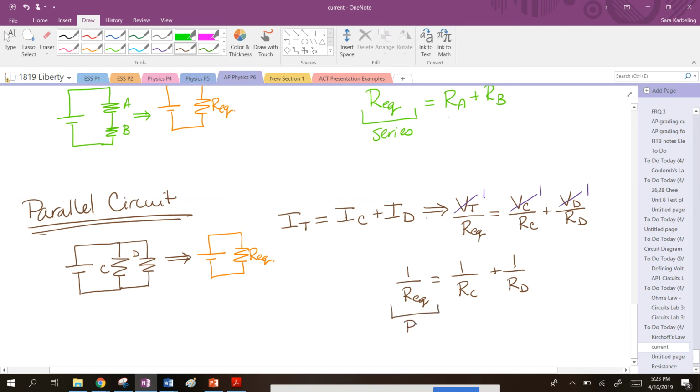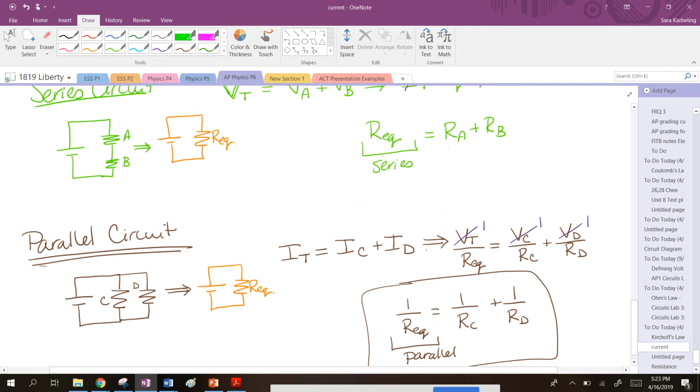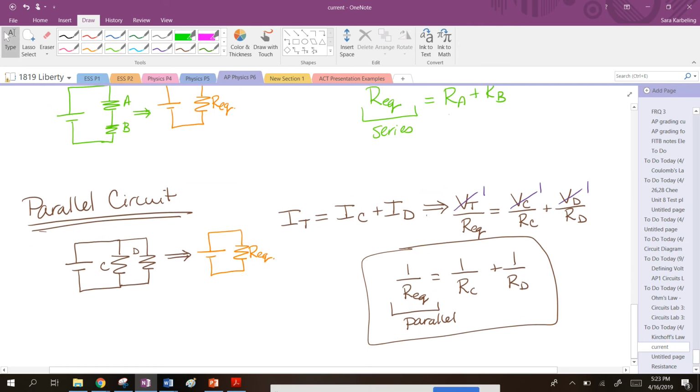And in this case, again, this is for parallel, okay? If I know the resistances of my resistors in parallel, I can find my equivalent resistance by following this rule. And again, as we said before, if I've got 2 resistors and I put them in parallel, my equivalent resistance is actually going to go down because there are more paths and more opportunities for travel.